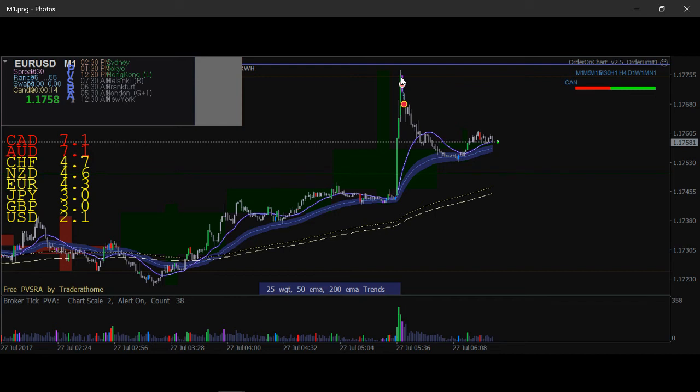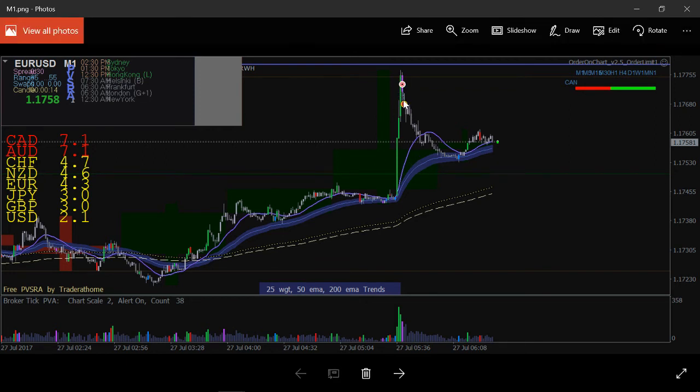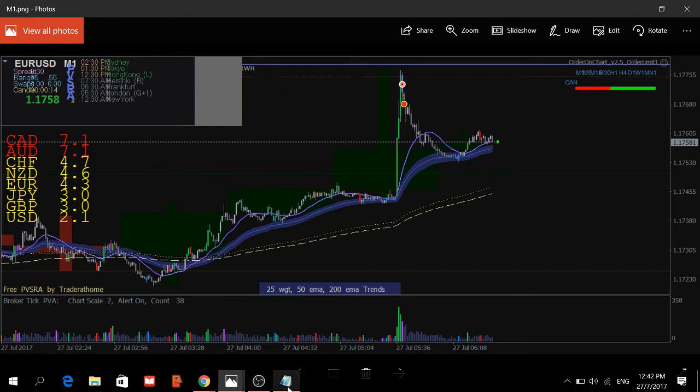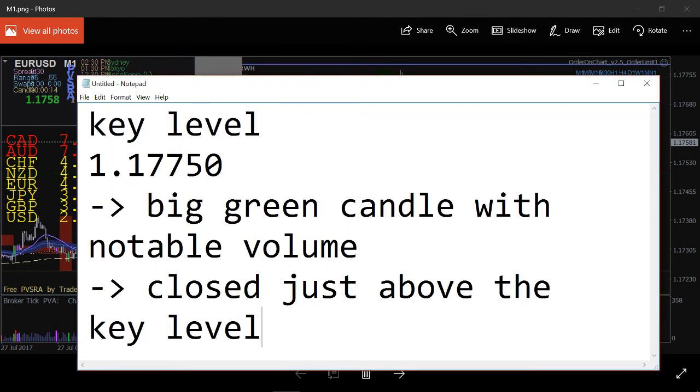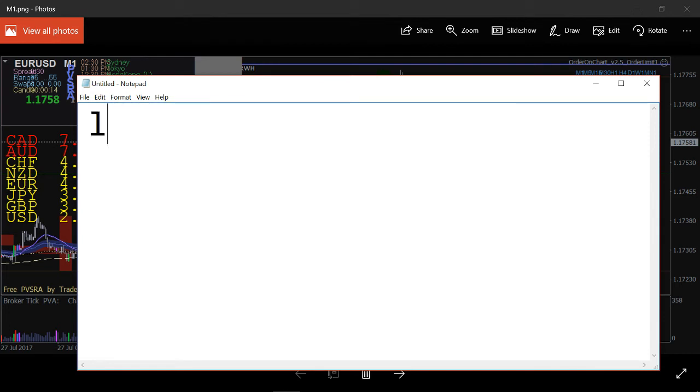In this case, it's just above it. So when it does that, you look at the distance. Here I have a big distance. This is a second confirmation.